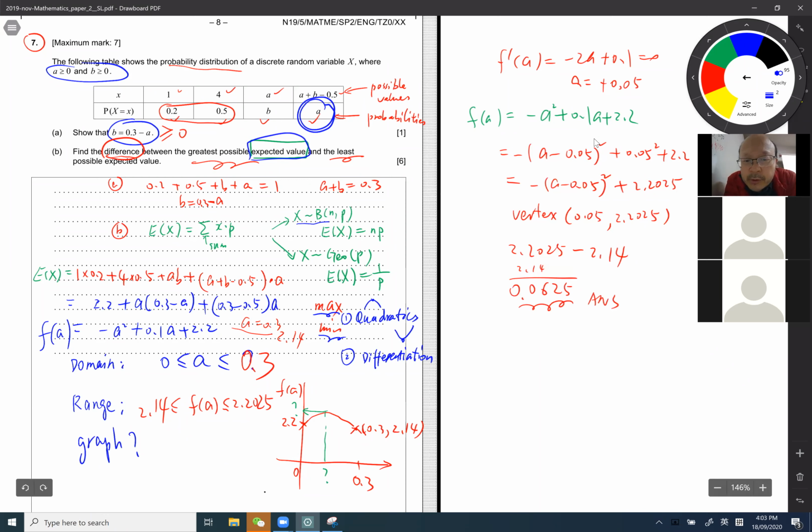For binomial distribution, expected value equals np, and the variance equals npq. For geometric distribution, expected value equals 1 over p.